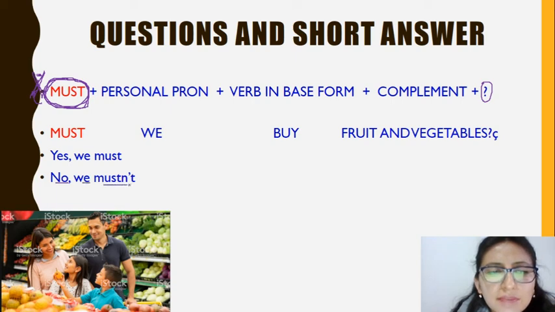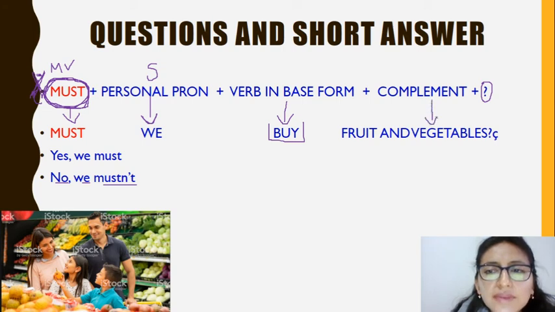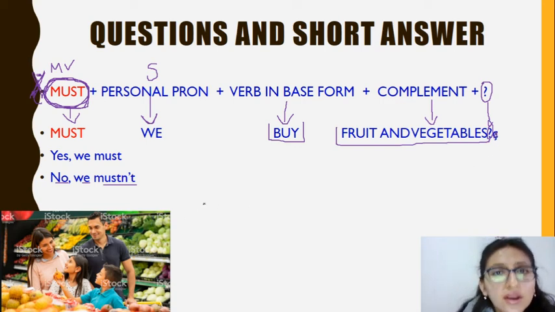No, we mustn't. Okay? Remember, for questions, first we have the modal verb, then we have the personal pronoun or subject, then we have the verb in the base form, okay, and then we have the complement. Very good, good job. And then the question mark, okay.